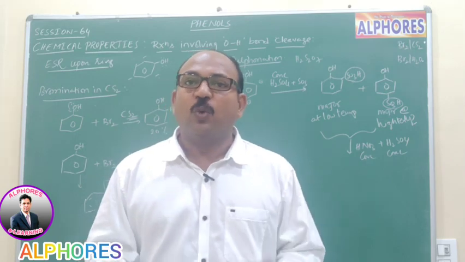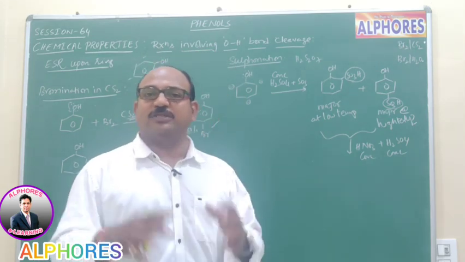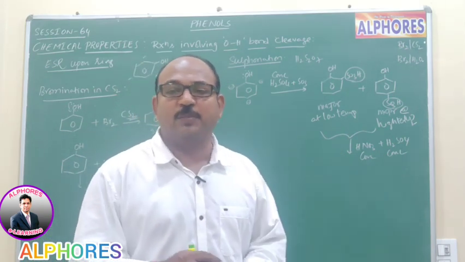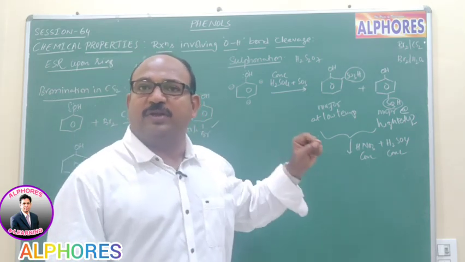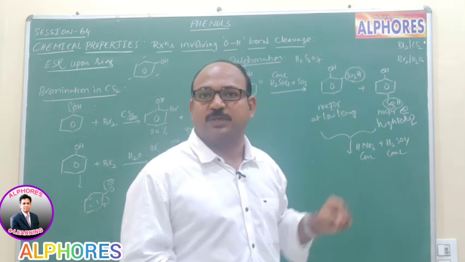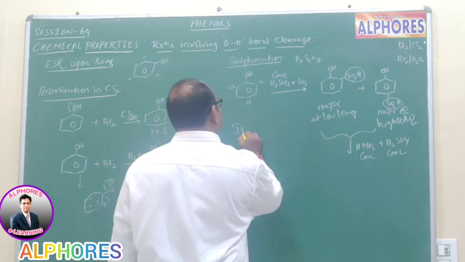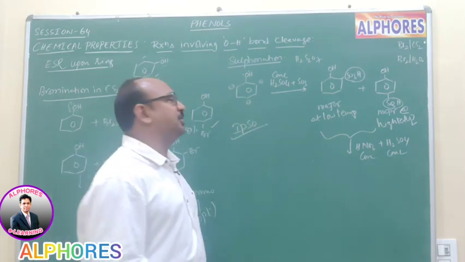We can easily displace SO3H and COOH, similar groups which are bulky and have good leaving tendency, and replace them with nitro groups. That substitution is what we call ipso substitution.